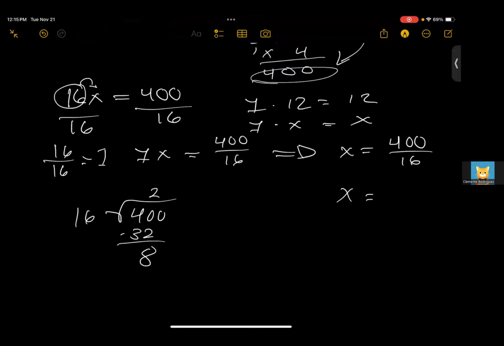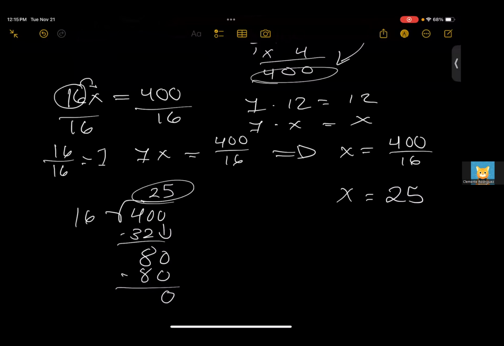And that leaves me with 8. 40 minus 32 is 8. I'm going to drop my 0. And how many times does 16 go into 80? Let me find out really quick. 5 times. 16 goes into 80 5 times. So my overall number is 25.